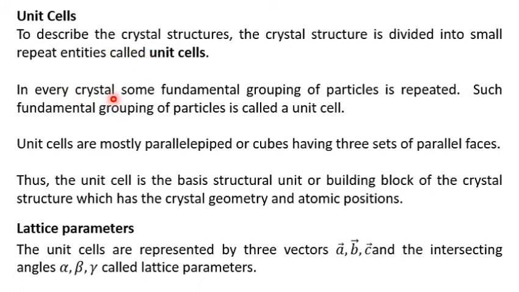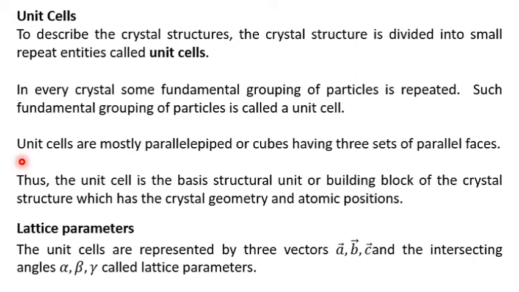In every crystal, some fundamental grouping of particles is repeated. Some fundamental particles should be repeated again and again. Such a fundamental grouping of particles is called a unit cell. These are the different definitions for a unit cell.